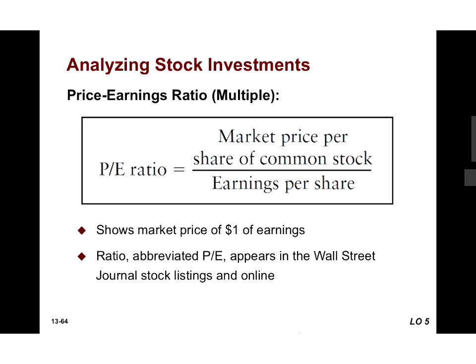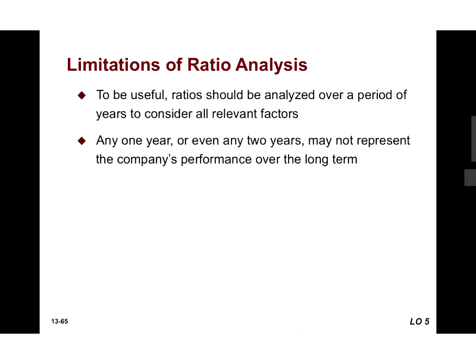If you look at Wall Street Journal listings online, it'll have the PE ratio, abbreviated P/E. So it's telling us how much the market values each dollar of earnings per share. That's the biggie in that group.